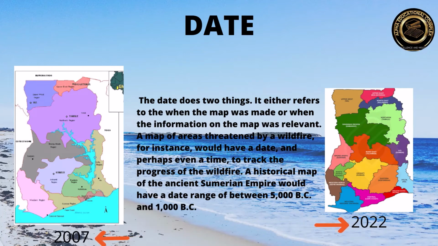In the year 2007, Ghana used to have 10 regions, but currently it has 16 regions. So when you take the 2007 map, you cannot say that that map is not correct. That map is correct because the date is telling you that the map was made in 2007, and also the information on it was relevant during that time.